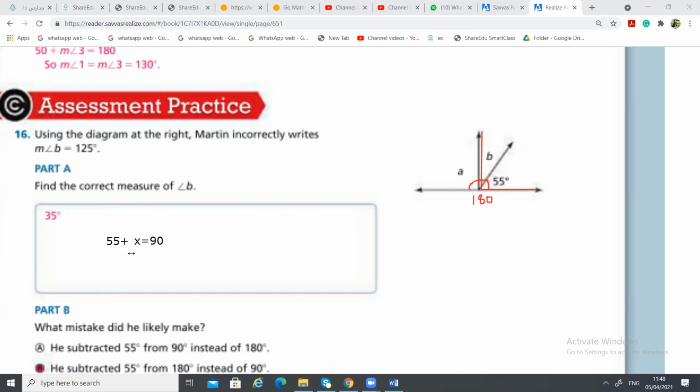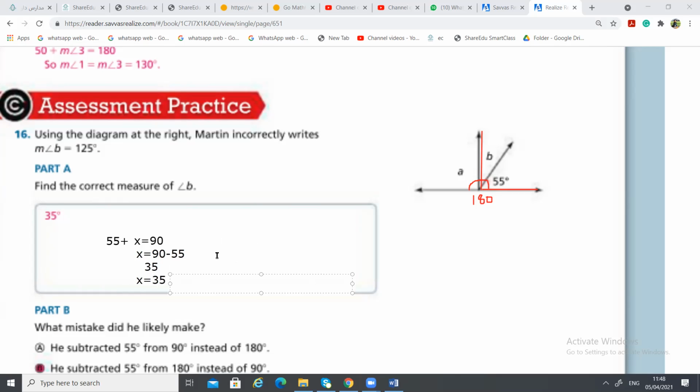So if I say x equals 90 minus 55, please tell me what is 90 minus 55? How much is it? 35. So x equals 35 degrees.